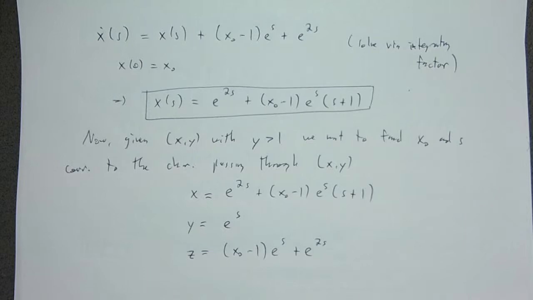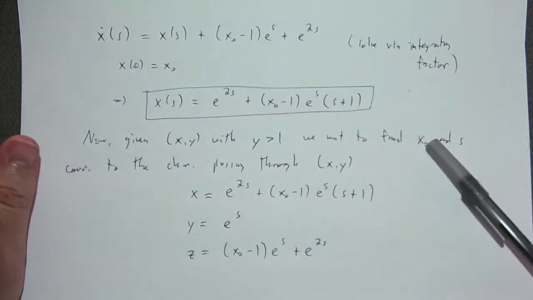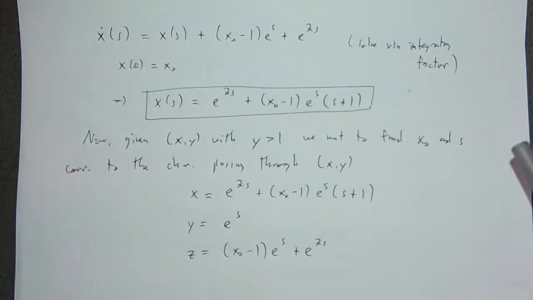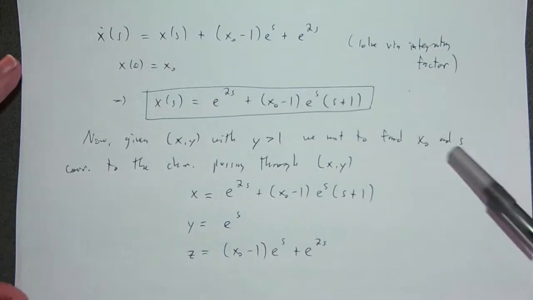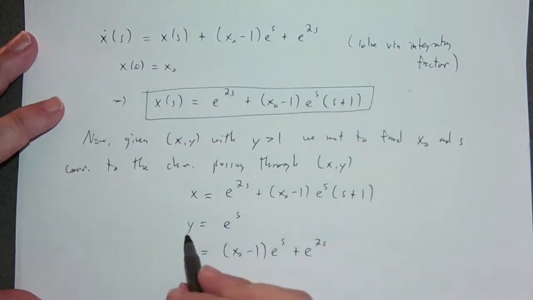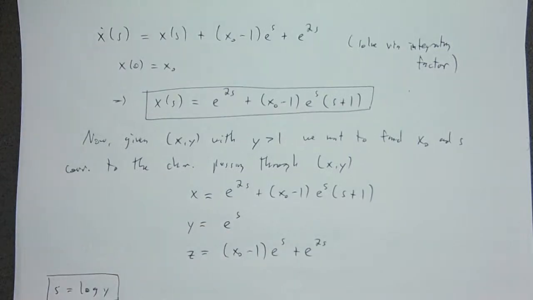Okay. So we need to solve for s and x naught here. So firstly, we solve for s pretty easily. If y is equal to e to the s, then s is equal to the natural log of y. So that's easy.